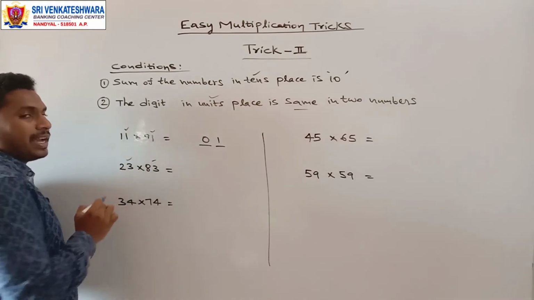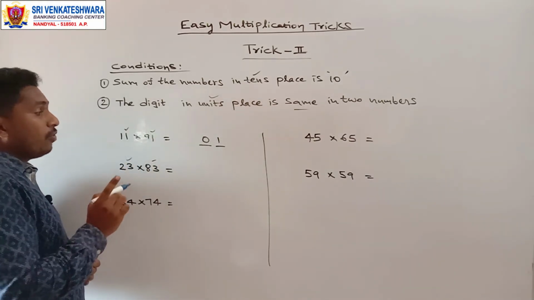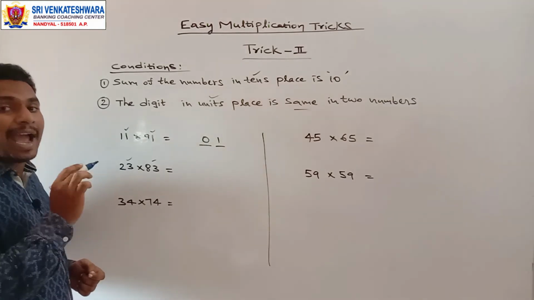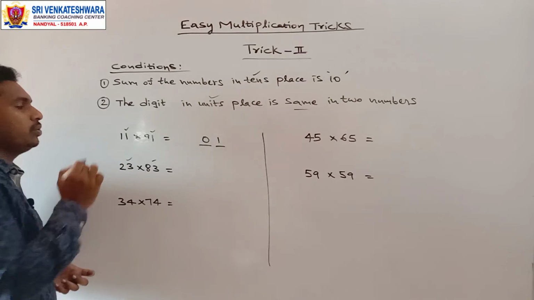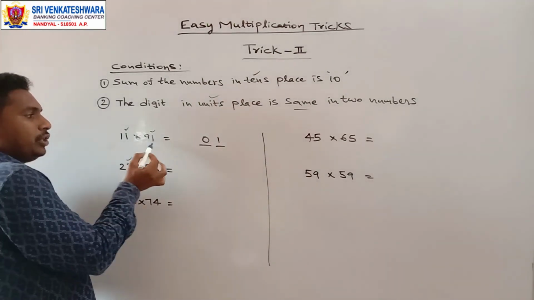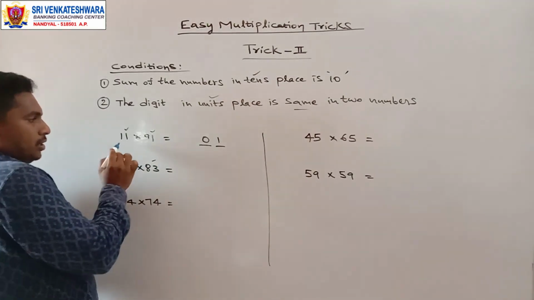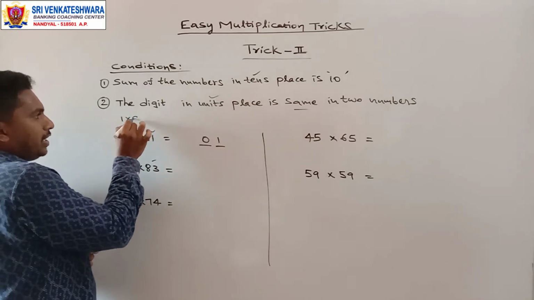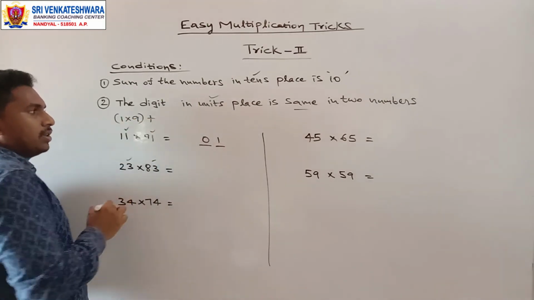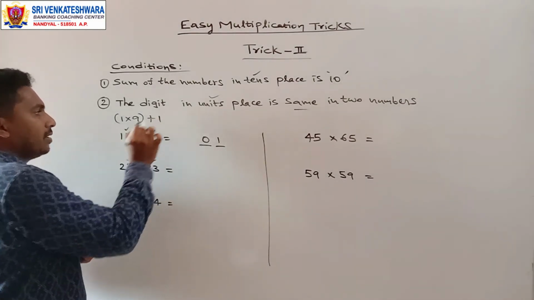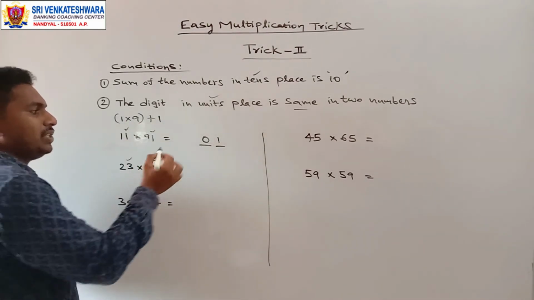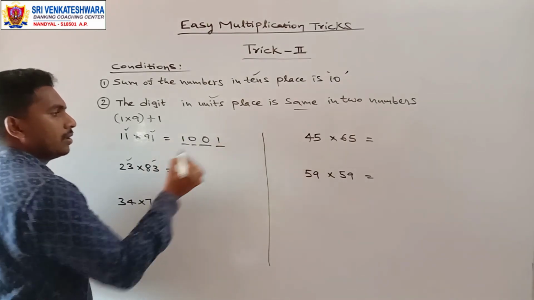It is 1 into 9, 9. For that product you have to add the digit in units place, which is 1 here. So 9 plus 1, that is 10.